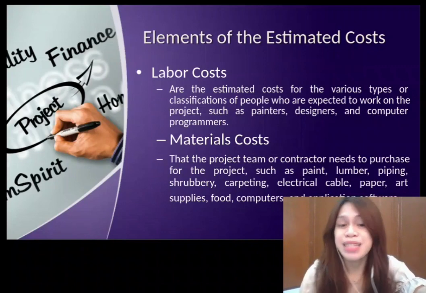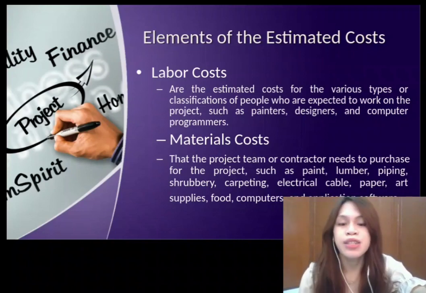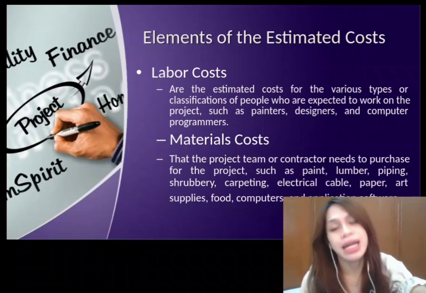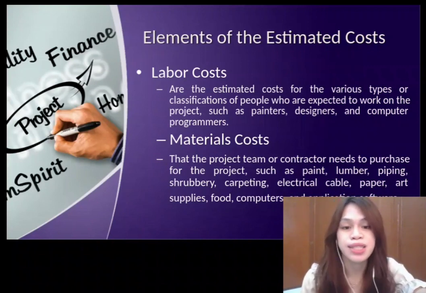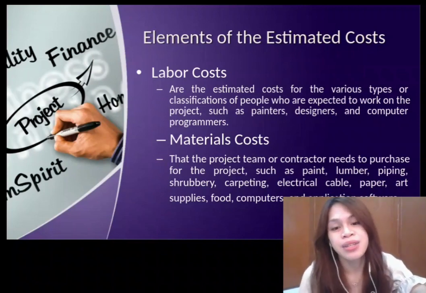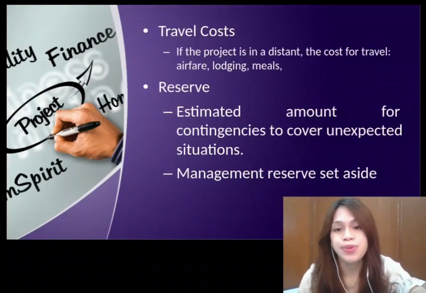That is very clear and understandable, but we should also consider an accurate estimate of material cost to develop a realistic project budget and ensure that the project is completed on time and within budget. Overestimating material costs can result in a budget that is too high, while underestimating material costs can lead to cost overruns and delays.